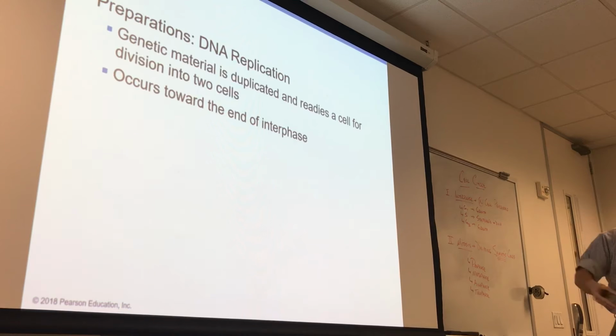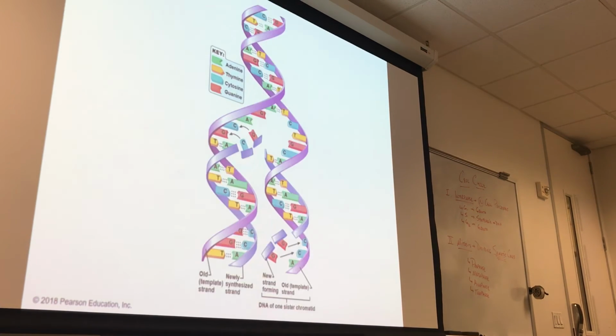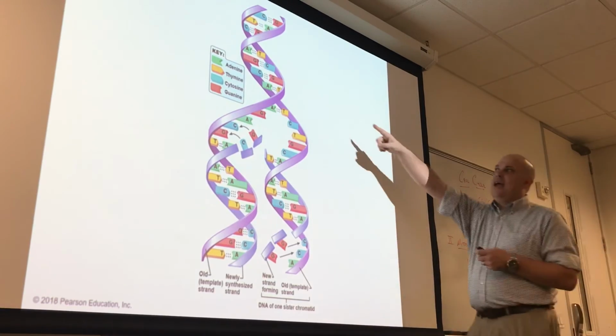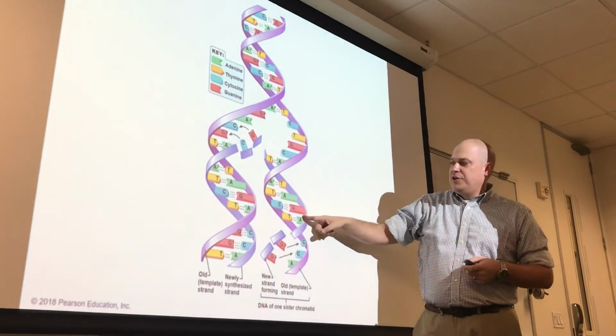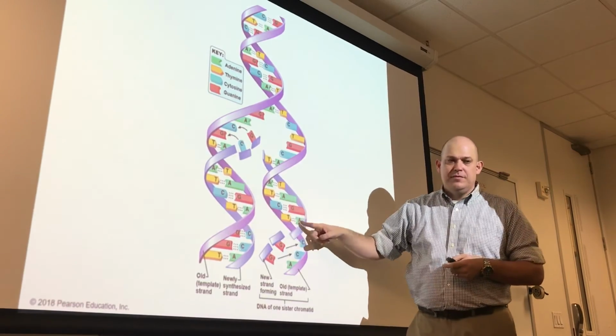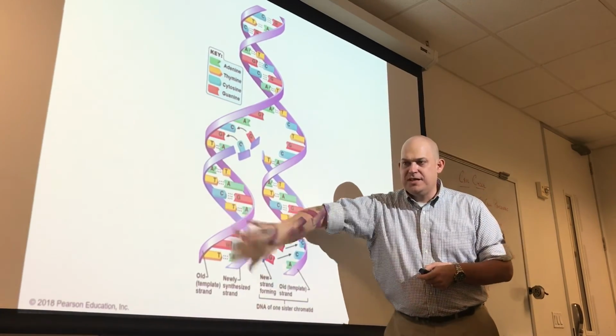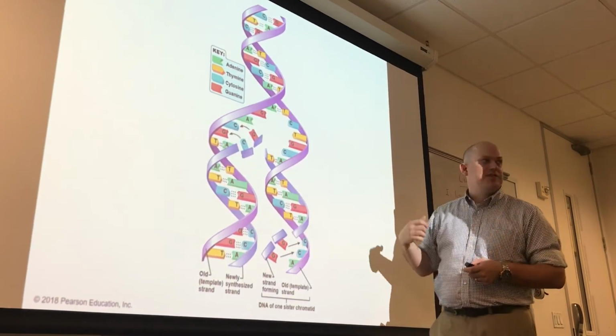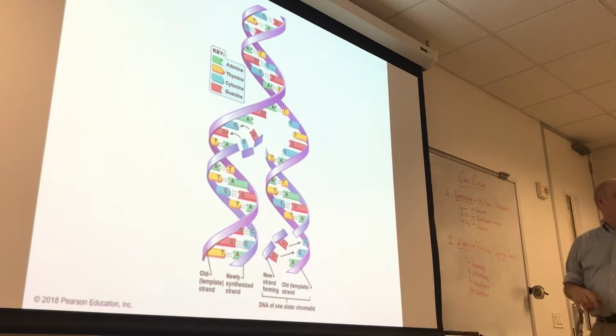It doesn't behoove us in this class to fully understand it, but you need to know that during the S phase of interphase, this process takes place. Ultimately we take one set of DNA and turn it into two. That way we have DNA for the one cell we're going to create and DNA for the other cell. Did you have a question? No?